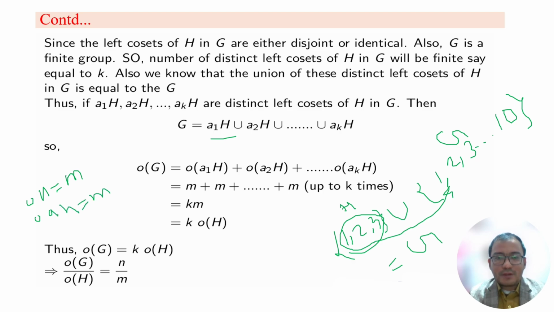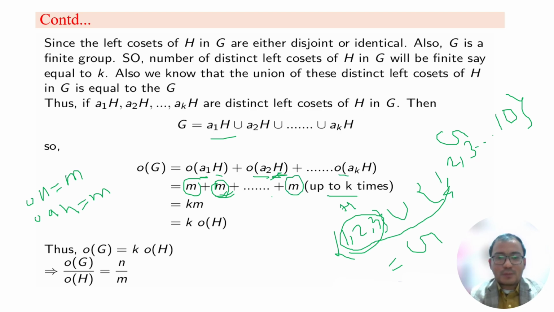In this way a1S also provides m, and this also provides m, because there were m distinct elements in S. This, according to the base of S, defines the order of the elements. In this way this also provides m, up to k times.